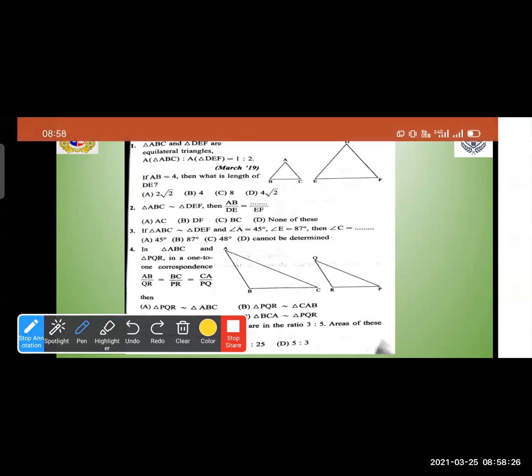If AB is equal to 4, then what is the length of DE? So we find that the area of the first triangle divided by the area of the second triangle is equal to AB square divided by DE square. Okay, so substitute here.